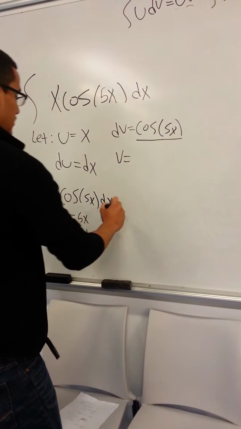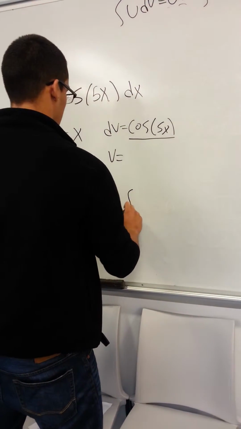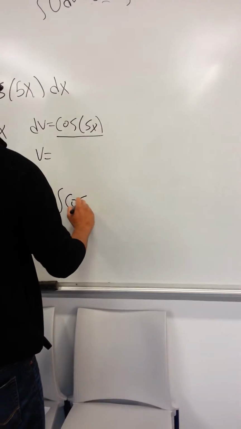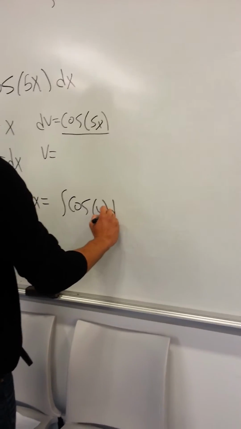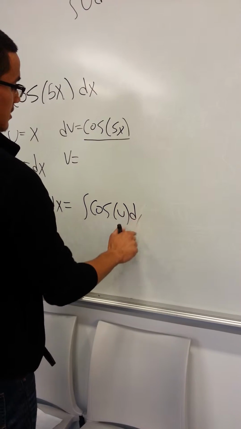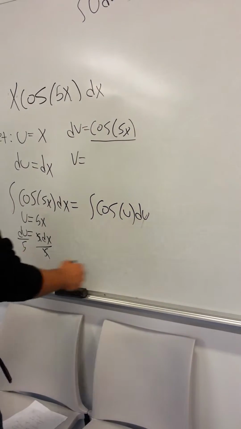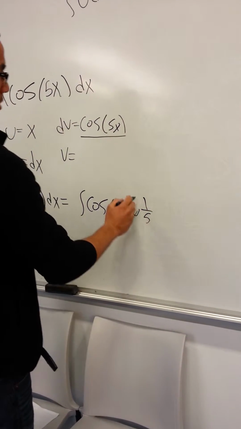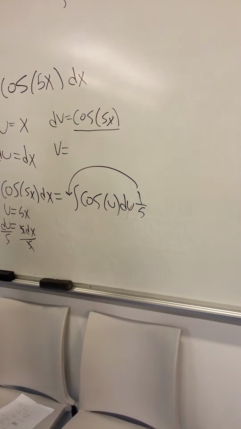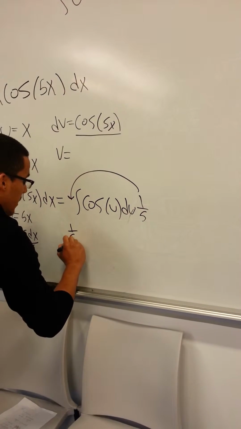So now we just rewrite this as the integral of cosine of u du, and then we have 1 over 5, which we're going to be moving over here.